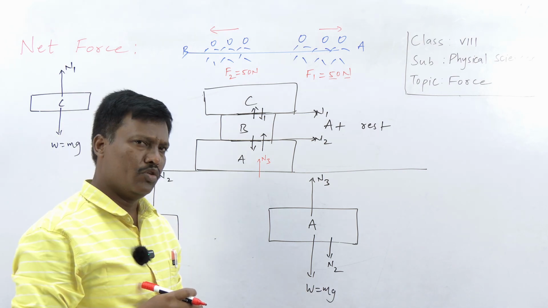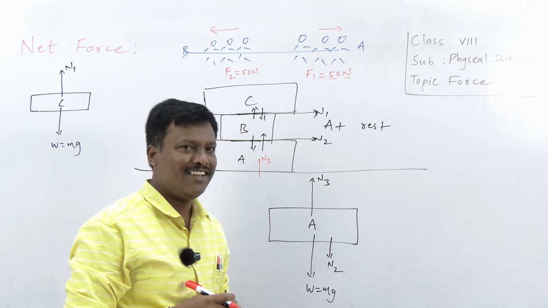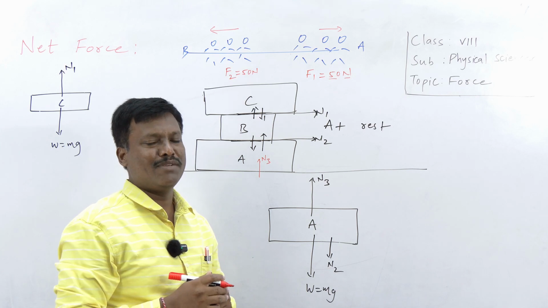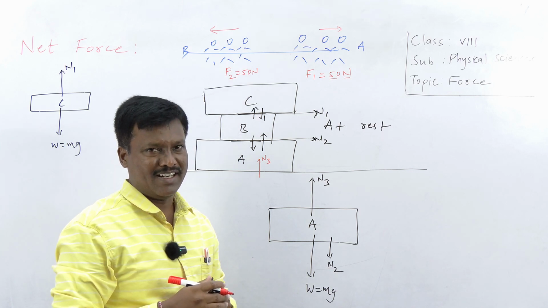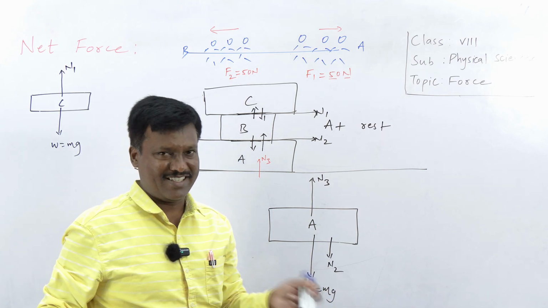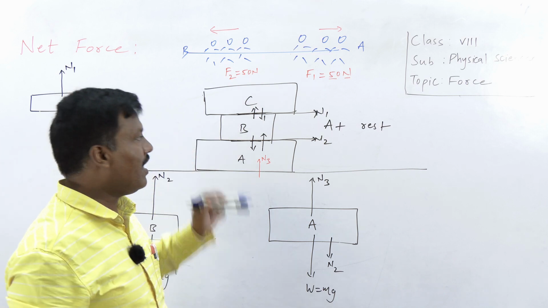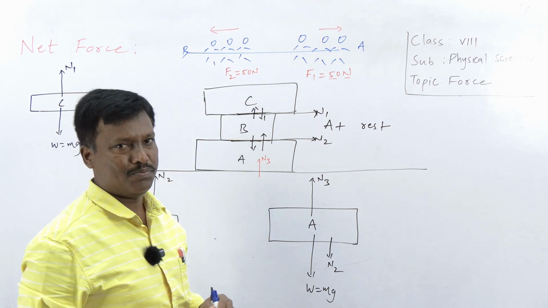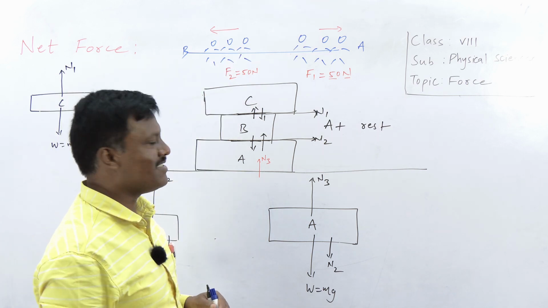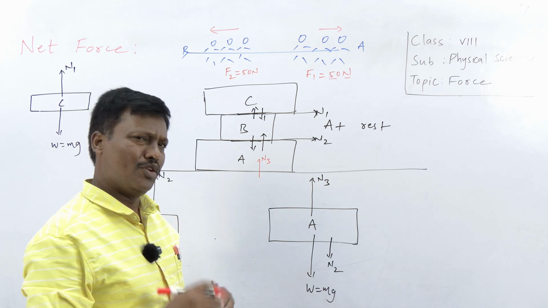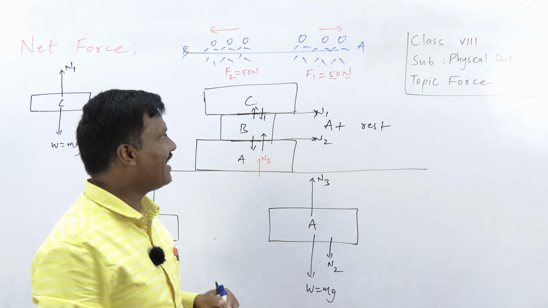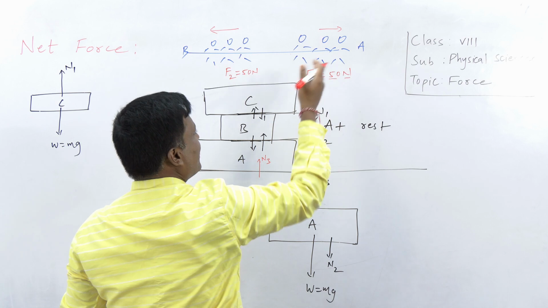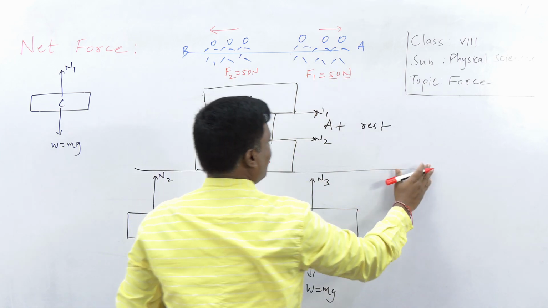Then think, who will win the game? Nobody. Why? Because the rope is in a stable, equilibrium state. It doesn't move either towards the left or towards the right. In this case, what is the net force acting on the rope? The net force acting on the rope is 0. Because two forces are acting, but they are acting equally in opposite directions. That is why the net force acting on the rope is 0.